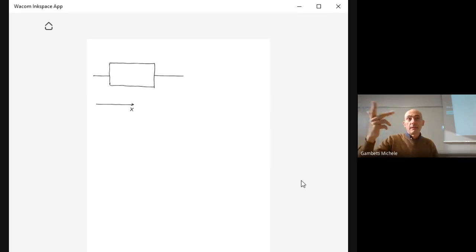Then if we take three orthogonal axes, we have x horizontal, y vertical in this sheet, and z orthogonal to the sheet, going out of the blackboard. If we just apply the electric field, we see that what we saw yesterday is going to happen.